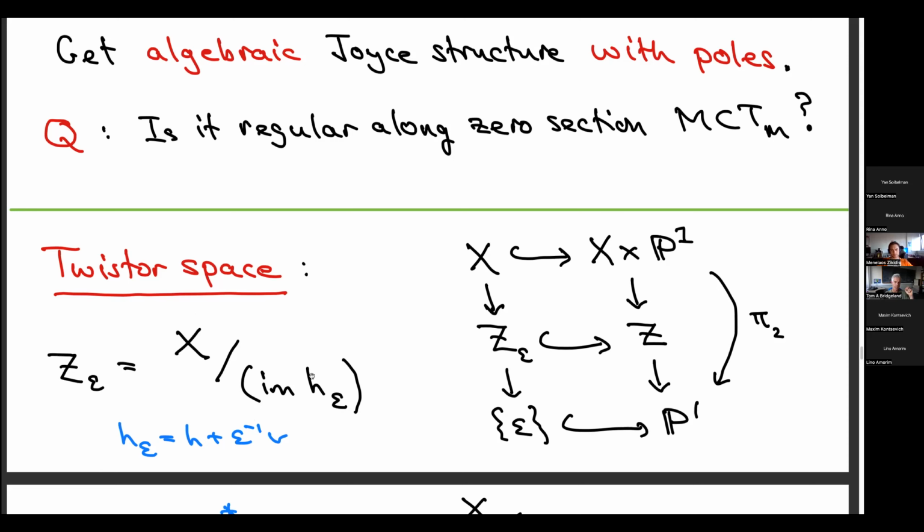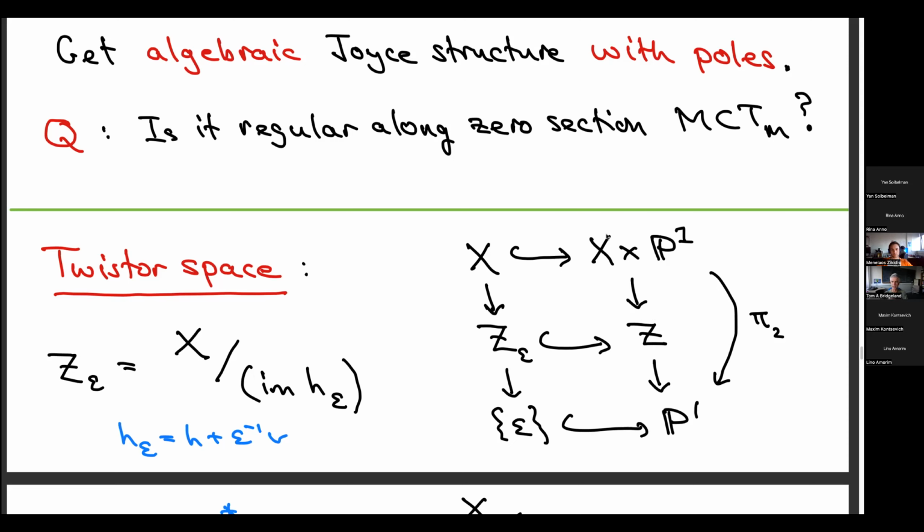And because this connection is flat, that thing is integrable. So I can take the quotient by this foliation. In other words, I take the leaf space of leaves, and I set that to be Z epsilon. But now I can do that in a family as epsilon varies, and what I'll get is a bundle over P1 whose fibers are these Z epsilons. So that's what I've done here.